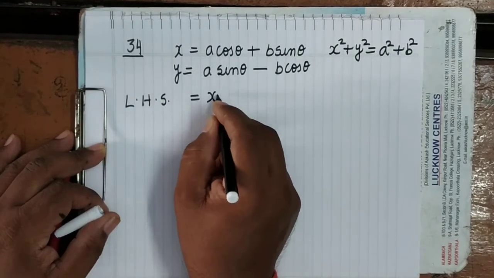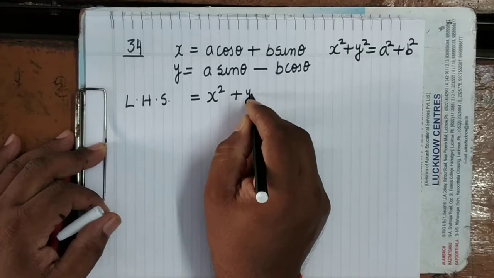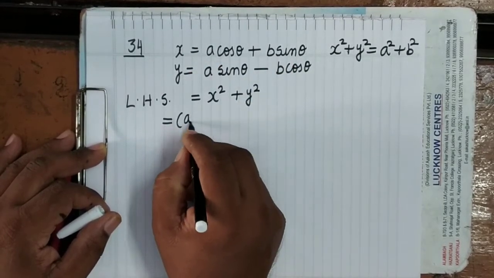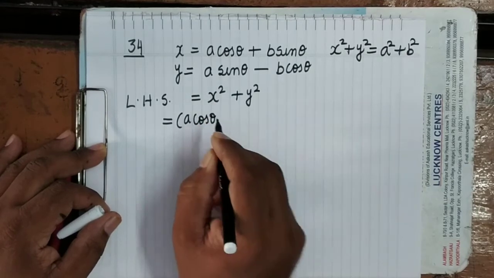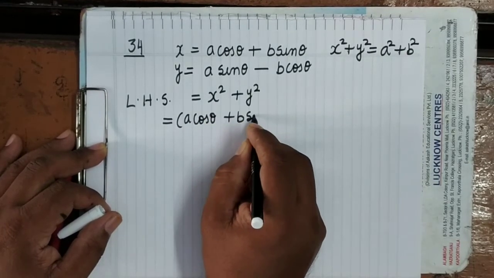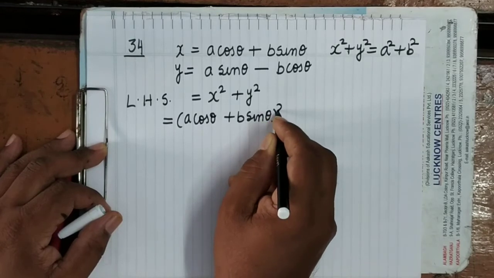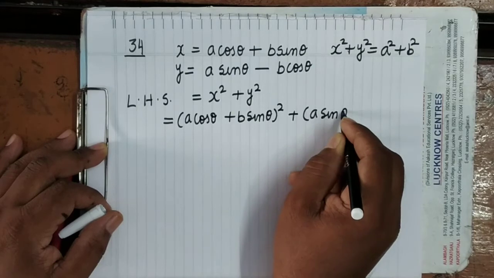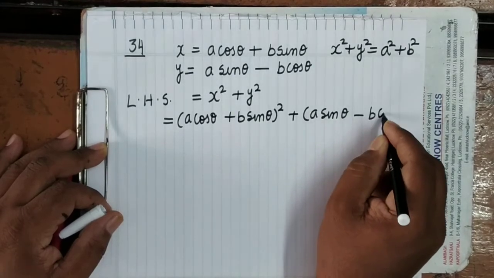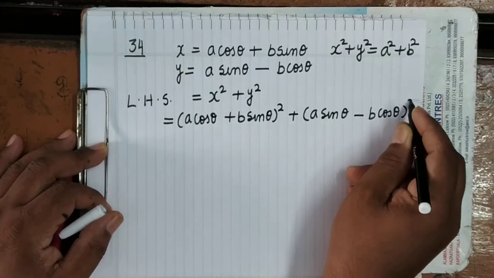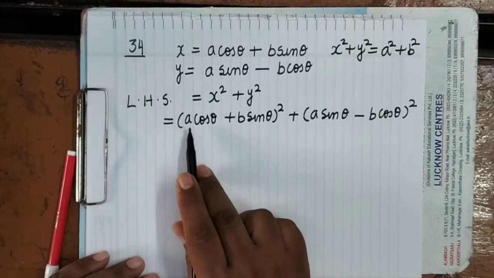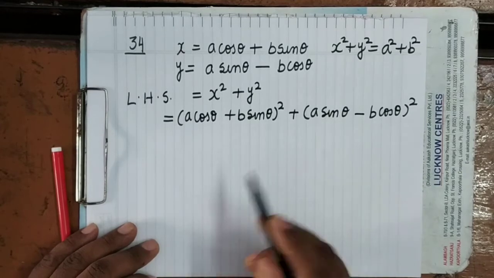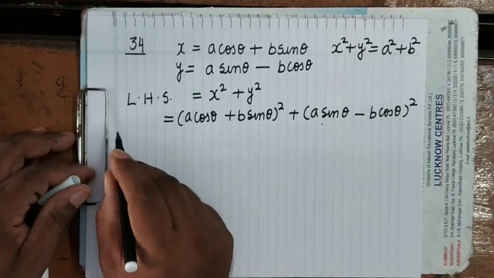x square plus y square. Now in place of x and y you write this. So (a cos theta plus b sin theta) whole square, then (a sin theta minus b cos theta) whole square. Now this bracket we can open by using (a plus b) whole square, and this by (a minus b) whole square.